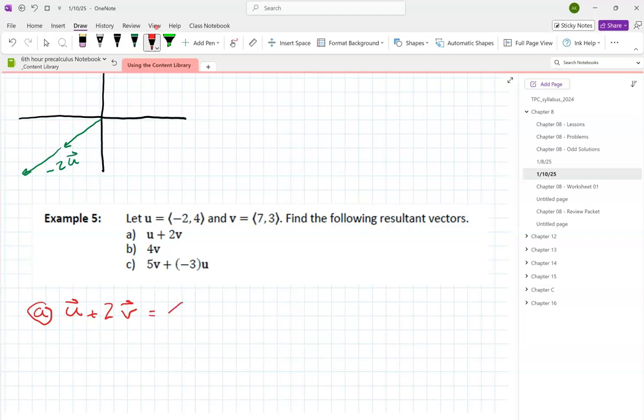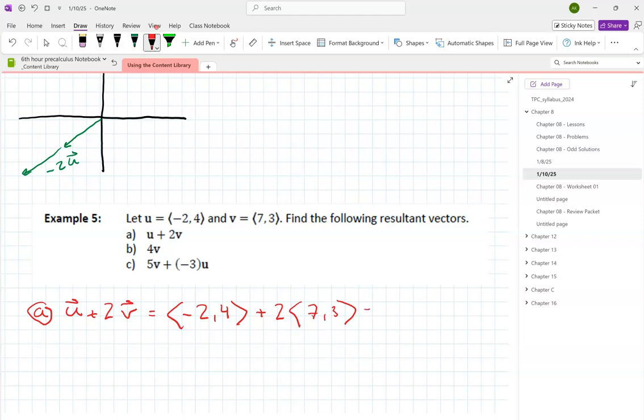So what I do to start is I'm going to start by just rewriting it with the component form vectors in their place. And then I'm going to follow the order of operations. So multiplication should come before addition.